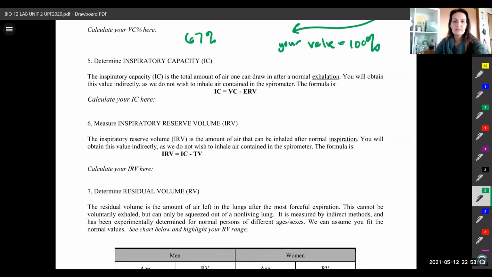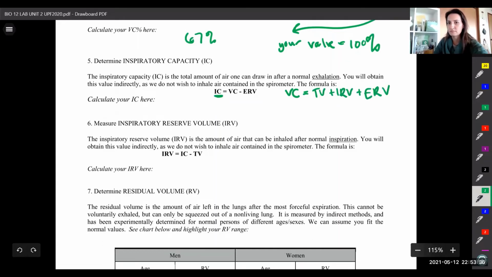To calculate inspiratory capacity, IC, we can take into account the vital capacity, right, and the ERV. Because if we think about vital capacity, what we would do is add the tidal volume to the inspiratory reserve volume to the expiratory reserve volume.